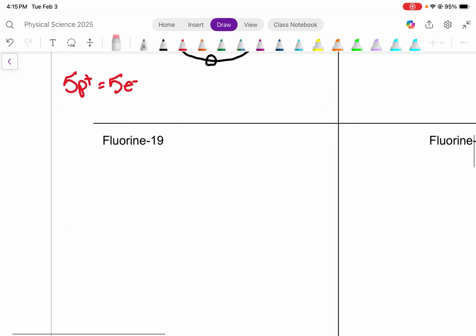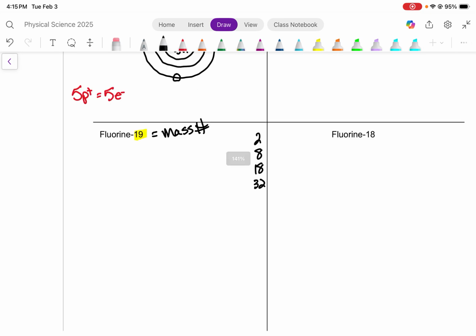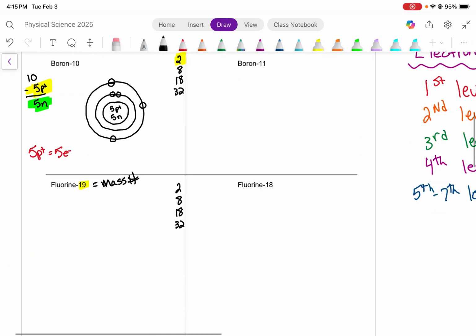Let's slide down to fluorine-19. And so, again, I'll move through this one a little quicker. Starters, I always put these on the side just so the kids start to remember them. And then I remind them this is the mass number. That is not the atomic number. Fluorine, I need the number of protons, the atomic number of 9.